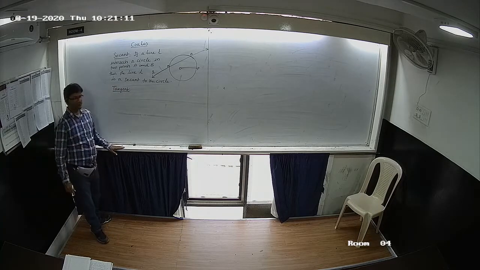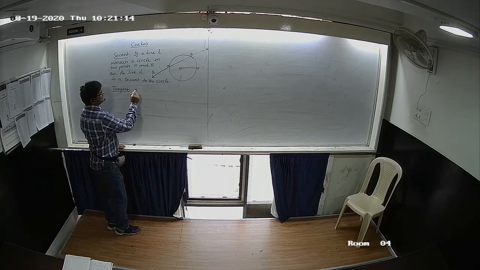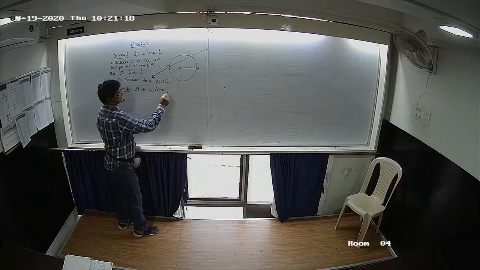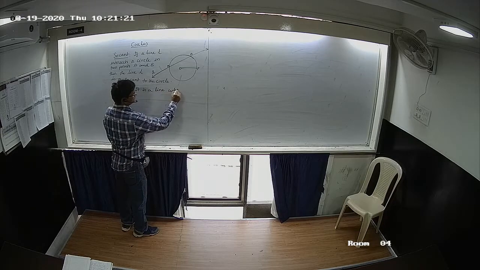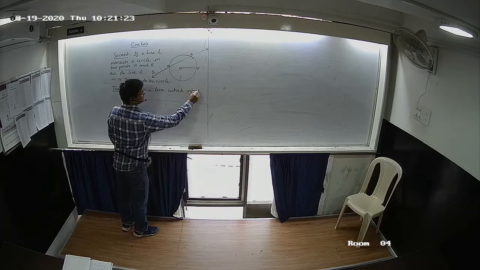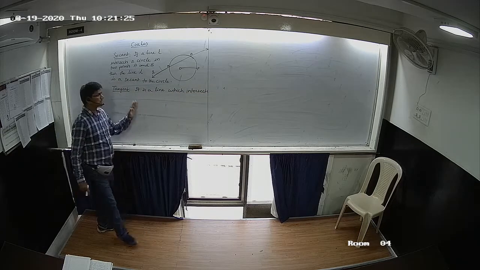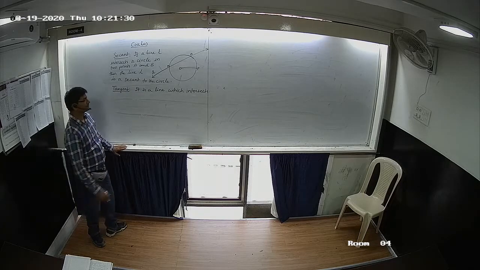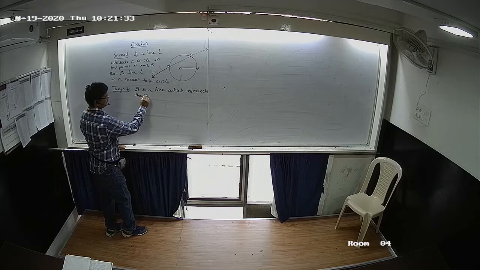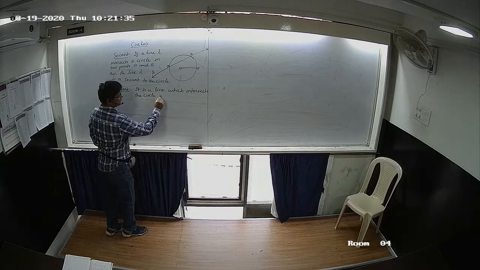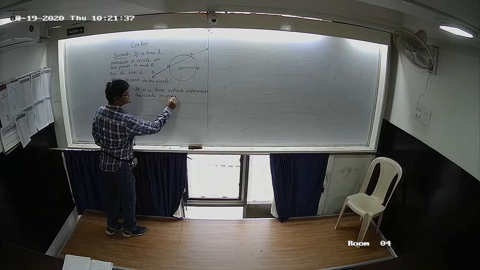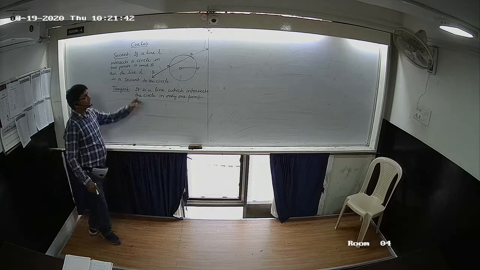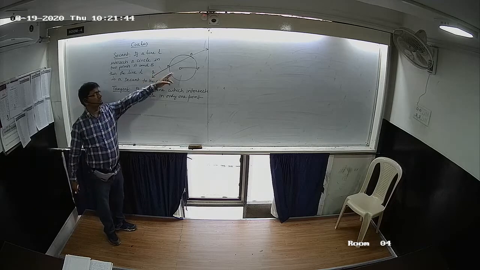Now what is a tangent? A tangent is a line which intersects the circle in only 1 point. So here, L is a secant to the circle.